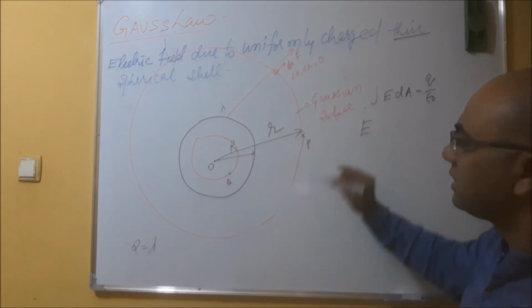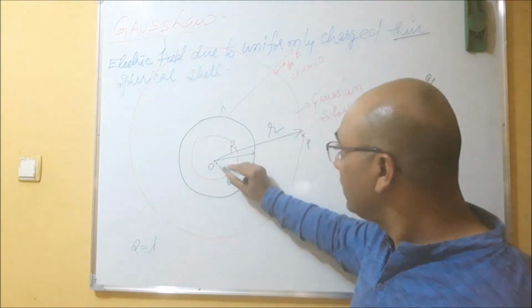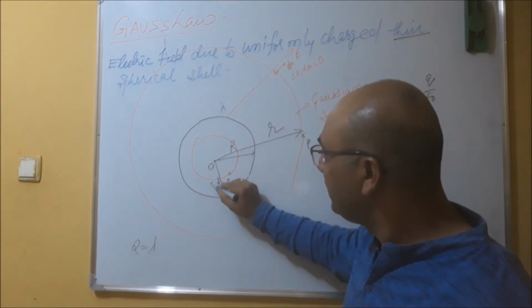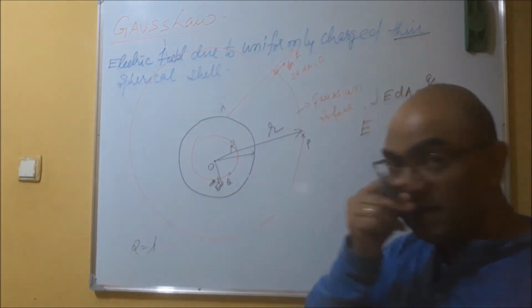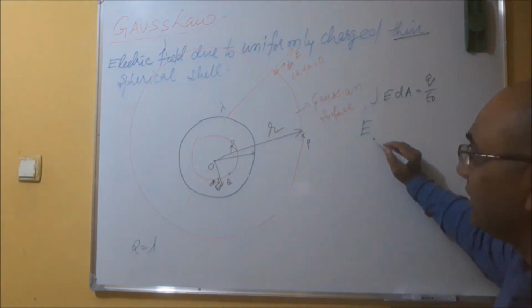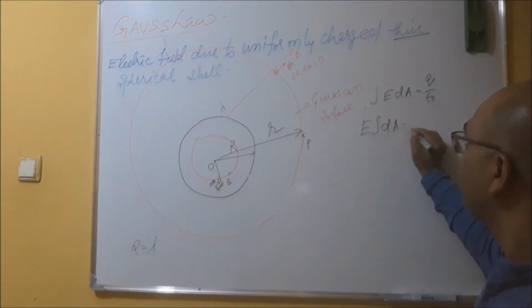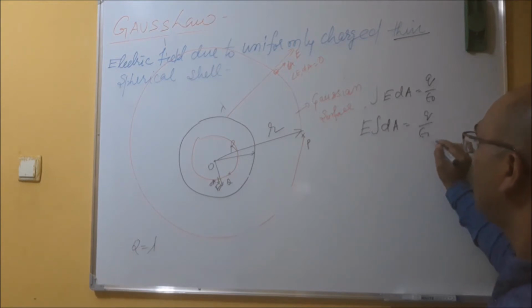Again the concept is the same here also. This will be E, the same will be dA, so the angle between E and dA is 0, and E is constant. So E into dA is q upon epsilon naught.